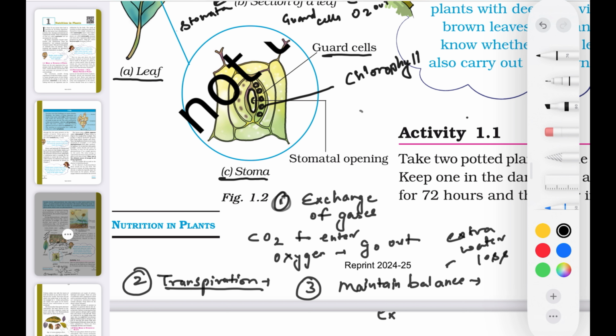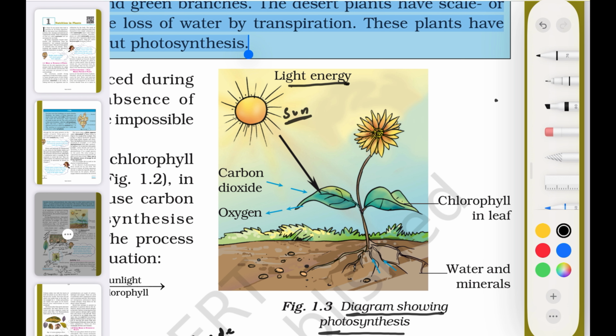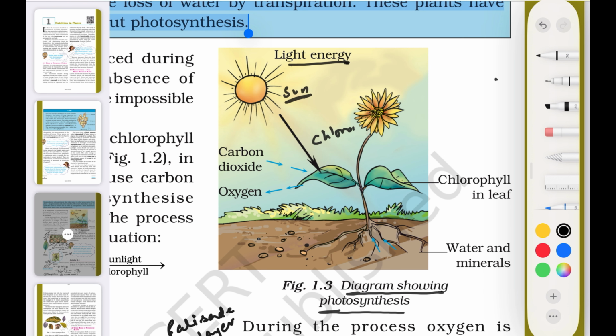Here is another diagram that is showing photosynthesis. Here you can see light energy. First, light energy is trapped by chlorophyll, okay, that are present in leaf. Plants get CO2 from air. CO2 gets in water.